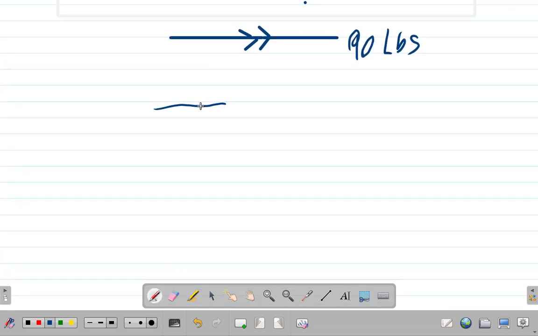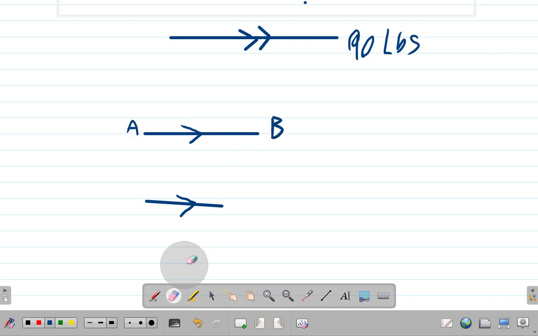You could consider this vector and this vector. If you call this vector AB, then you call this vector CD.